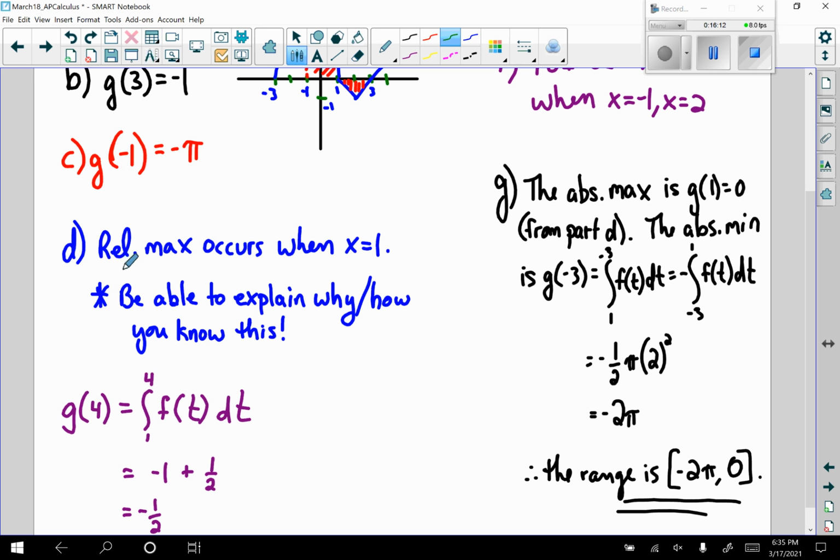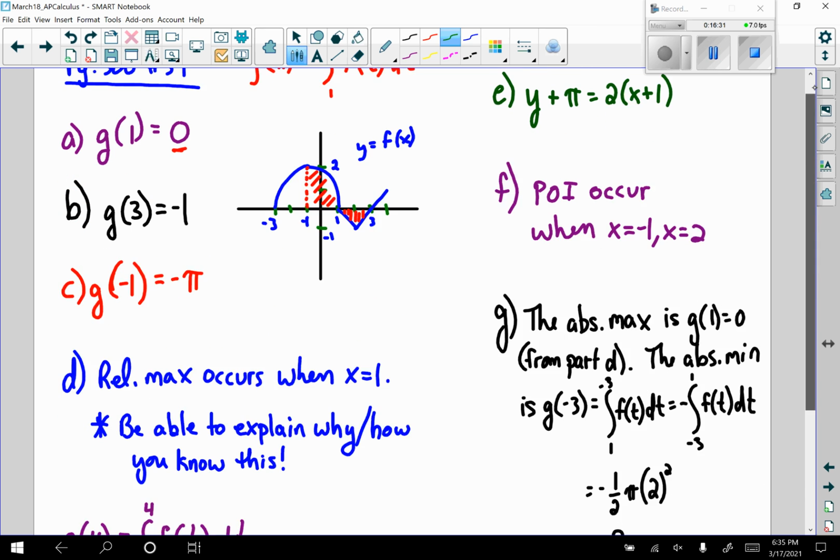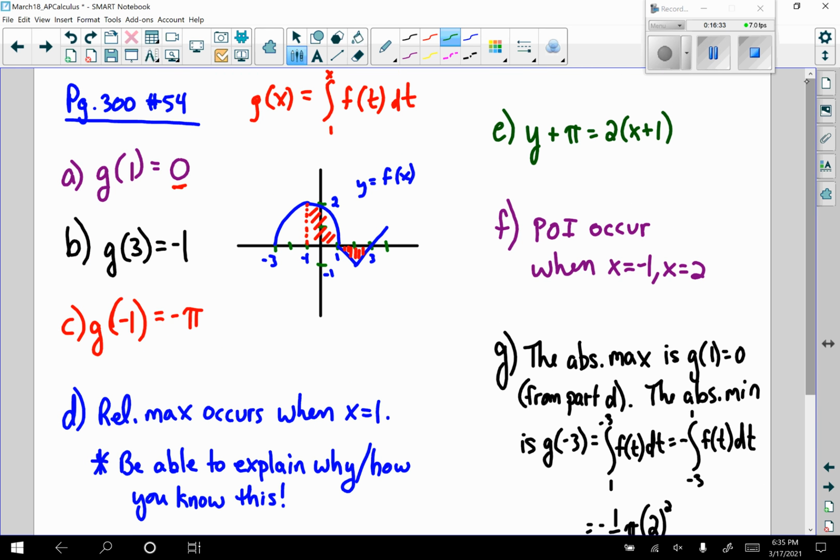Now we saw that the relative max occurs when x is equal to 1. So we know the absolute max is g of 1 is equal to 0 from part D. Well, we have critical numbers here. If we took a look at the graph, it's where our first derivative, so where our graph is either undefined or equal to 0.